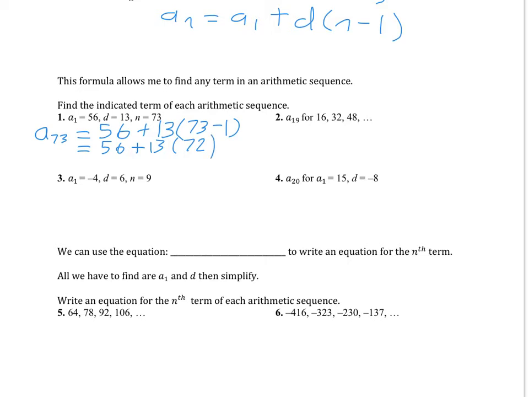Using a calculator, 56 plus 13 times 72 is 992.